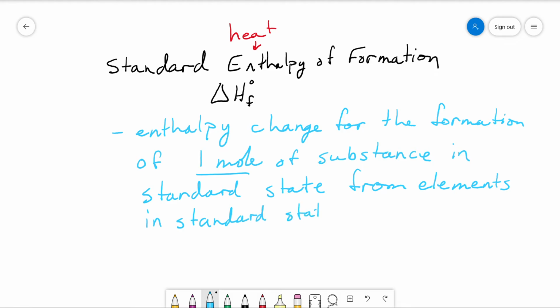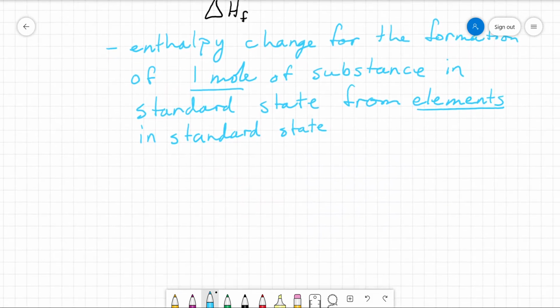Remember we talked about standard state last time, 25 degrees Celsius, 1 atmosphere.